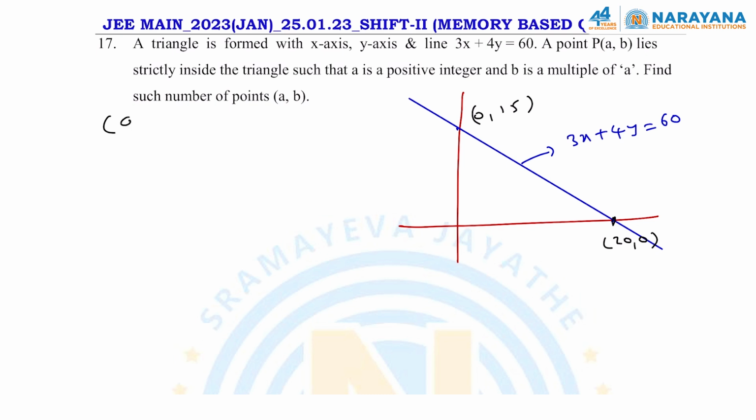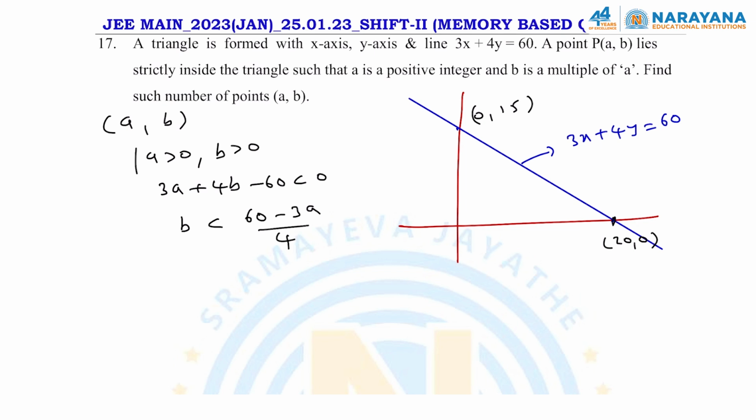If I am taking a comma b inside the triangle, a should be greater than 0, b should be greater than 0, and moreover, if you take this line equation 3x plus 4y equal to 60, then 3a plus 4b minus 60 should be less than 0, which means b is less than (60 minus 3a) by 4.